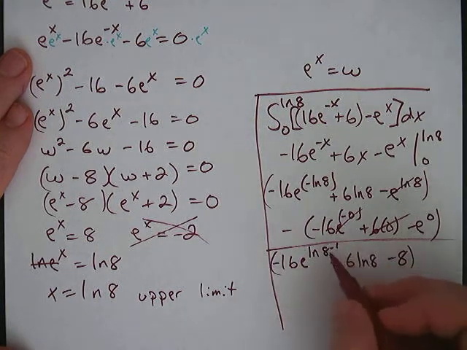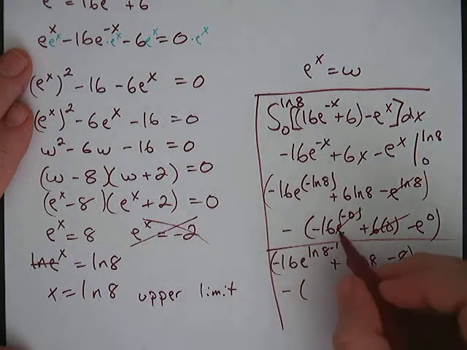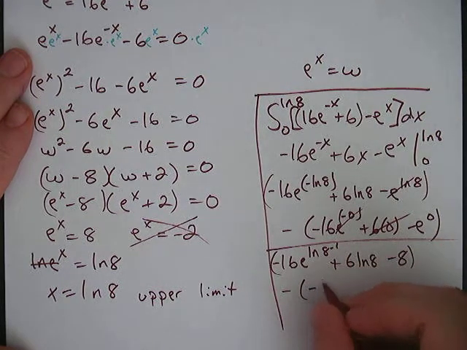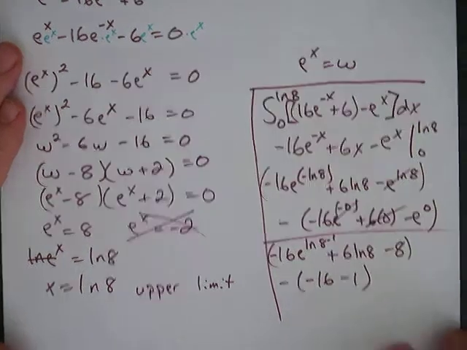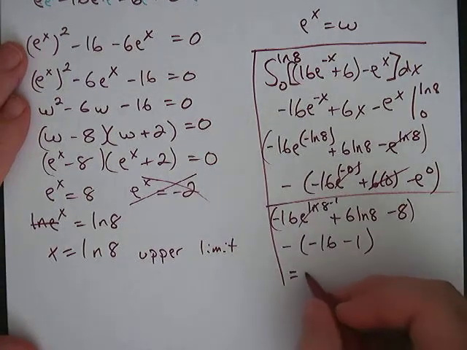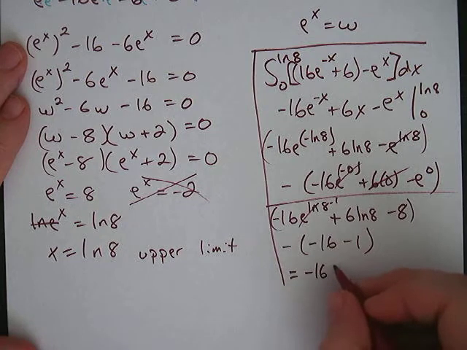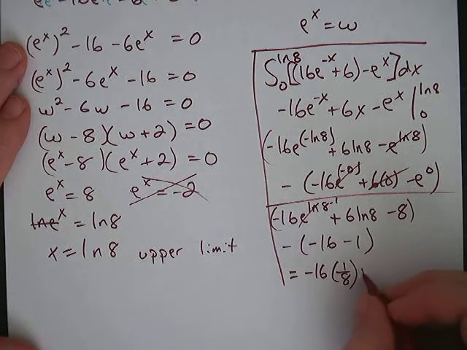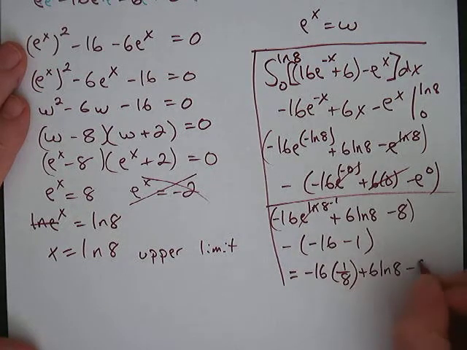And then let's clean this one up as well. Minus, and this turns into a 1. So minus a negative 16. Middle term is gone. Minus 1. Now this will cancel there, and that'll leave 8 to the negative 1 power. So this is equal to negative 16 times 8 to the negative 1, which is 1 over 8, plus 6 ln 8 minus 8.